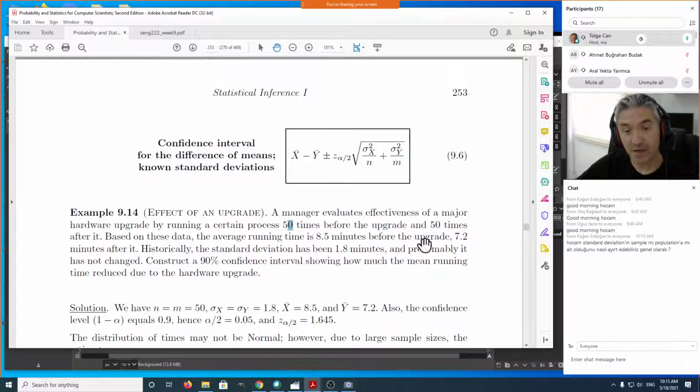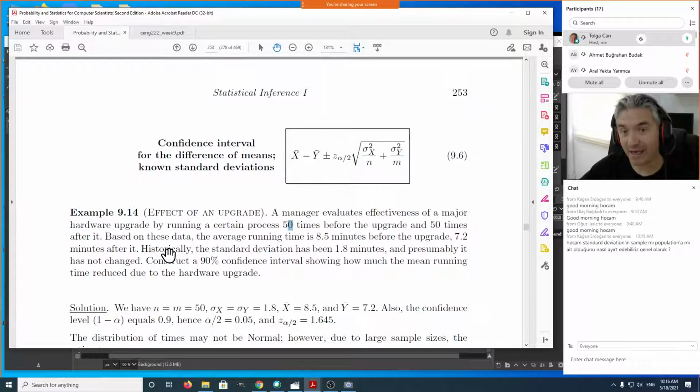If the standard deviation was given in the previous sentence, saying I have this 50 times measurement with 8.5 average and 1.8 standard deviation, if you state 8.5 and 1.8 together for that sample, you understand that it's the sample standard deviation. But to make it really clear, this question statement says that this 1.8 is not the standard deviation of the sample.